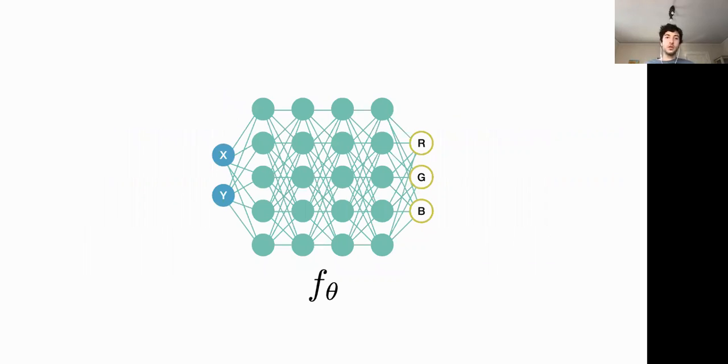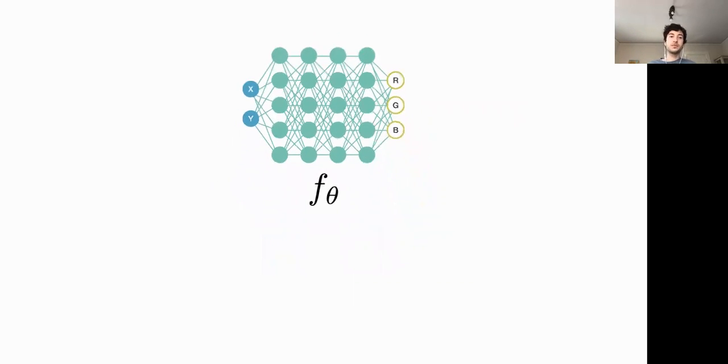What we're going to do is consider the exact same type of network, these coordinate-based MLPs, and for now we'll just stick to the 2D image regression case. These networks are parameterized by a set of weights, which we're going to call theta. What we're curious about in this project is how important the initialization of those weights is.